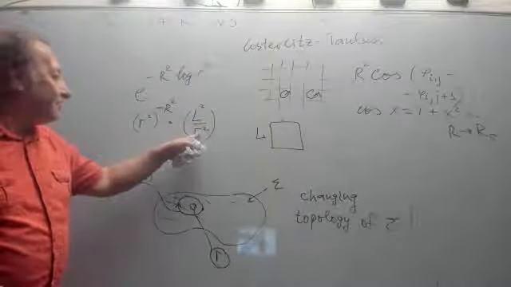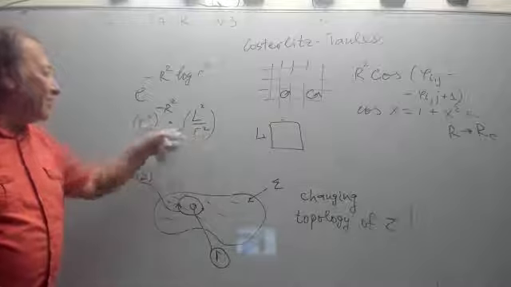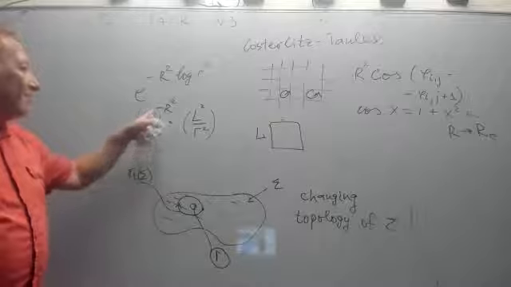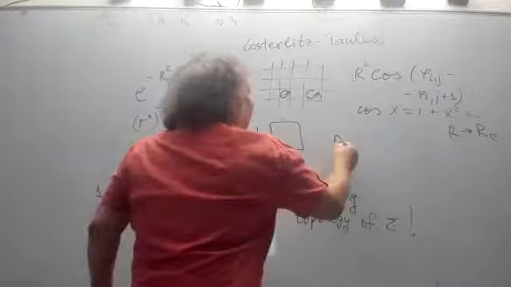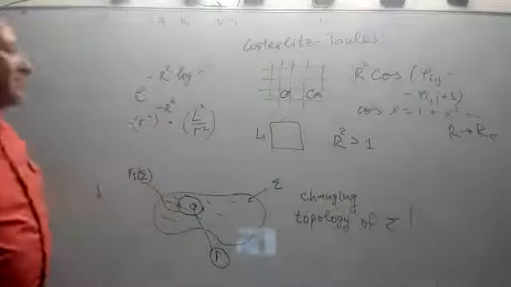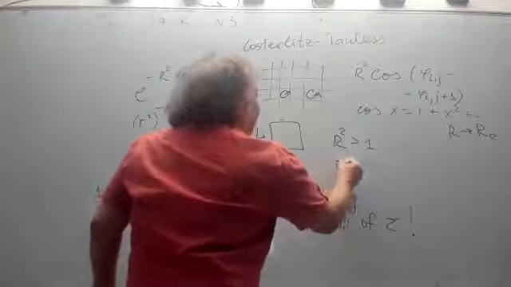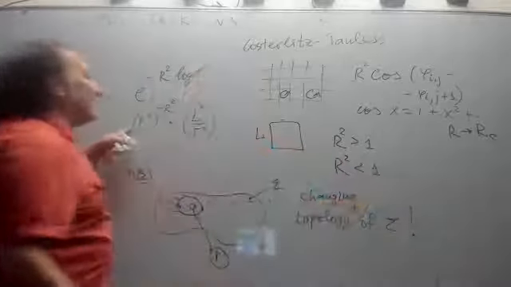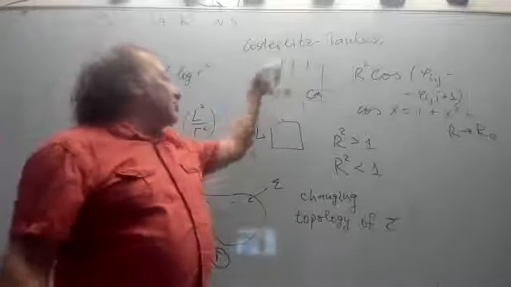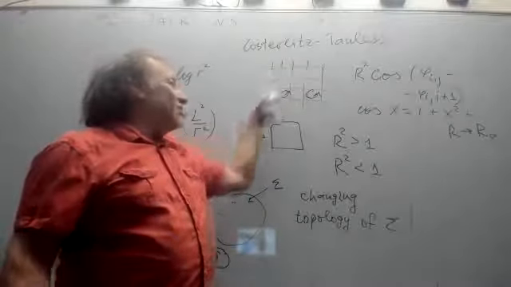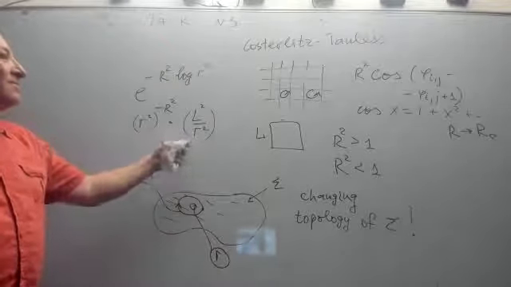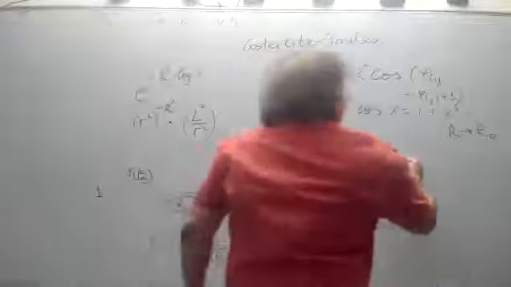So here we have a critical point. When R squared was bigger than 1, vortices were suppressed. When R squared was less than 1, each particular vortex was suppressed, but the probability that you will have a vortex somewhere here was dominated by the entropy factor. And we had this phase transition.